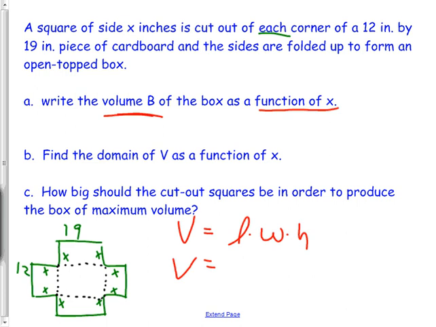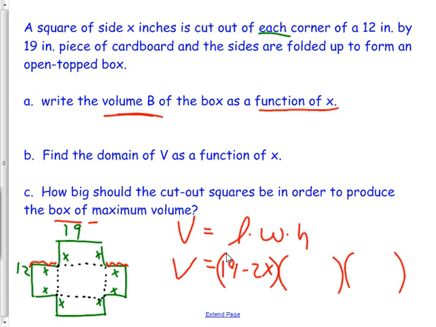Okay, I'm back from that little pause there. I'm going to just replace the length with something, the width with something, and the height with something. The length of my box would have been 19, but now it's not anymore because it chopped off this part and this part, and those are going to get folded up. So it's 19 minus 2X.